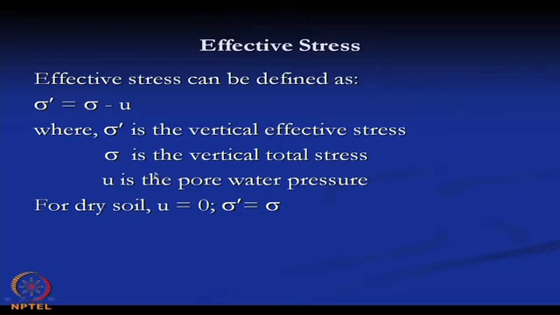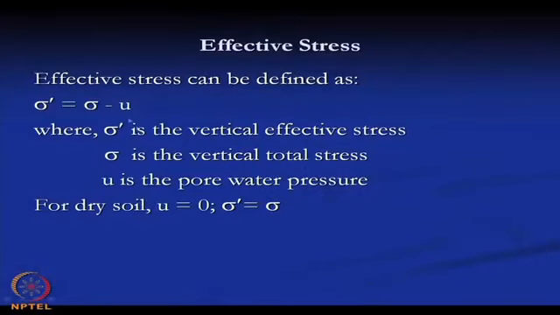So, consider when the soil is totally dry, that means there is no water. If we apply stress on a soil-water mixed system, the stress is taken by the water, and pore water pressure will be developed.